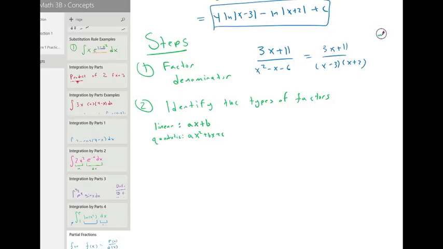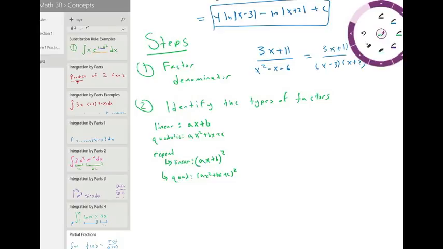And then we need to also identify if we have any repeat factors. If we have repeat linear, they'll look like this: ax plus b squared. And if we have repeat quadratic, ax squared plus bx plus c squared.